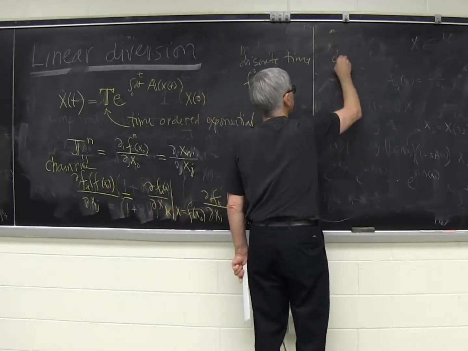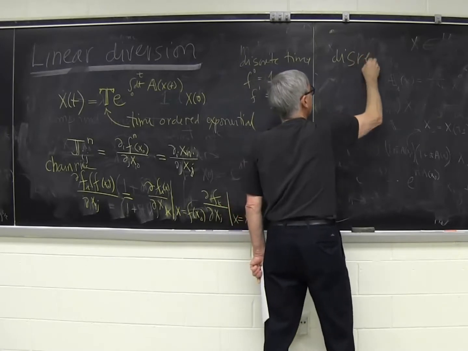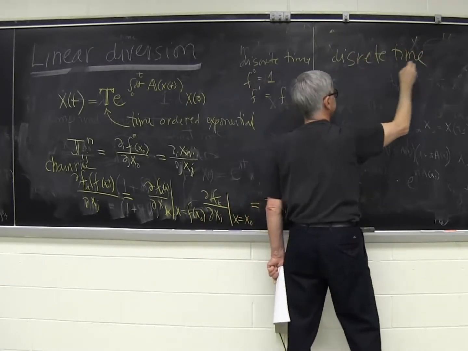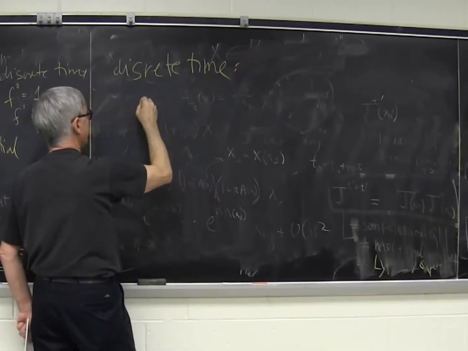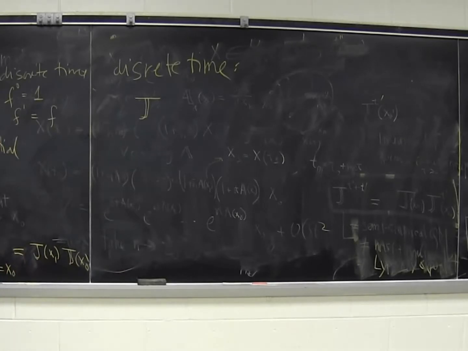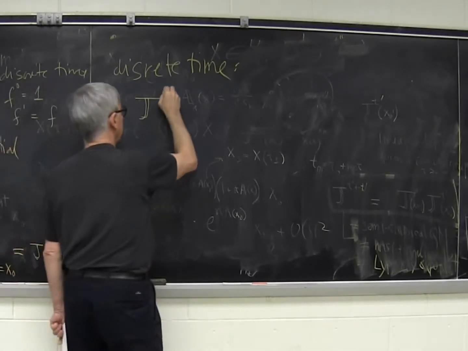So for discrete time, we have that J, if I iterate n times, it's obvious how it works.